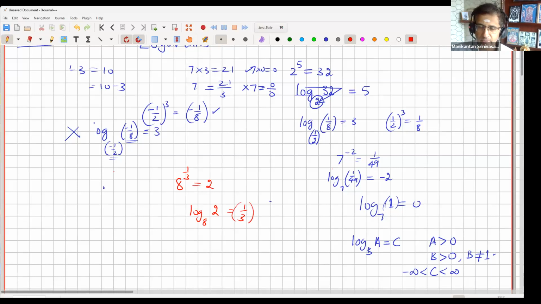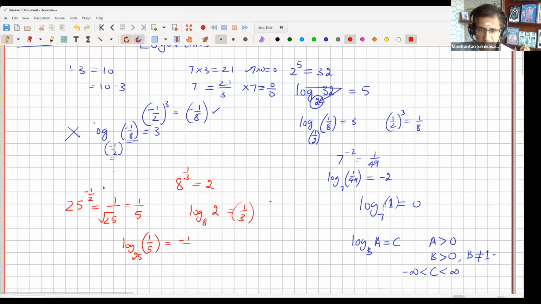It can be negative, it can be fractional, so it can be a combination of both also. For example, let's say 25 power minus half is what? 1 by 25 power half, which is 1 by square root of 25, which is 1 by 5. So if I write it as logarithm, then log of 1 by 5 to the base 25 is minus half. So it's negative as well as fractional.